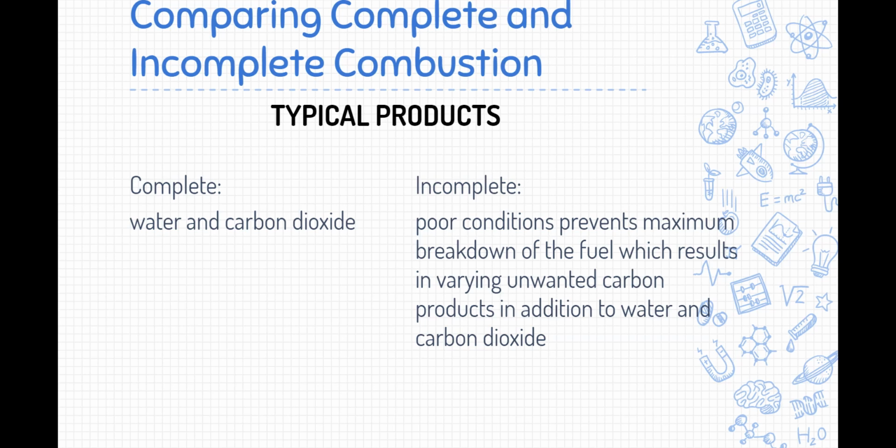Sometimes we'll get some carbon soot. Sometimes we'll get unwanted hydrocarbon byproducts where the fuel has not been totally broken down. The point is, with incomplete combustion, we can't totally predict the products on paper. They will vary. You'll see this in an upcoming example.